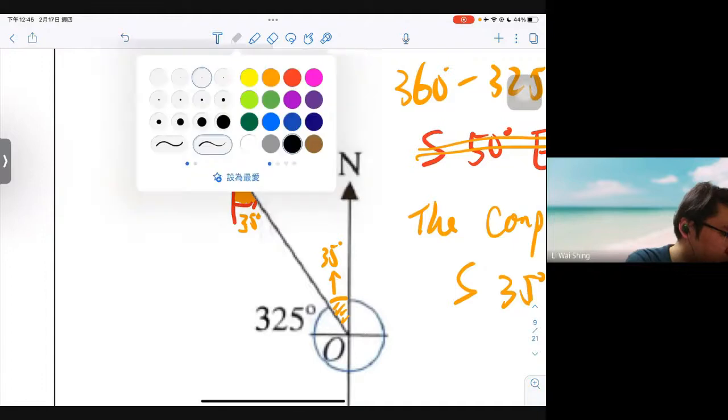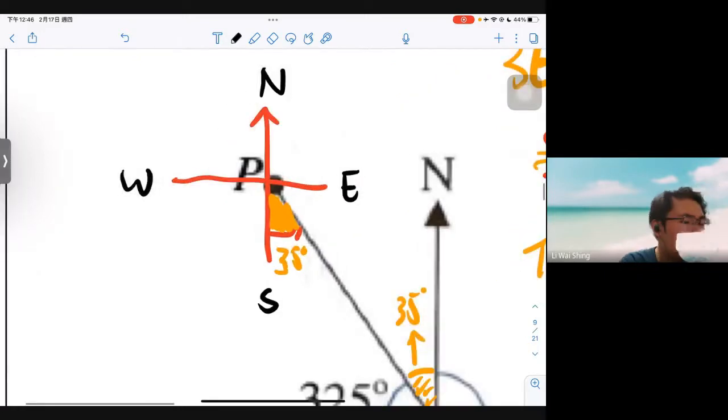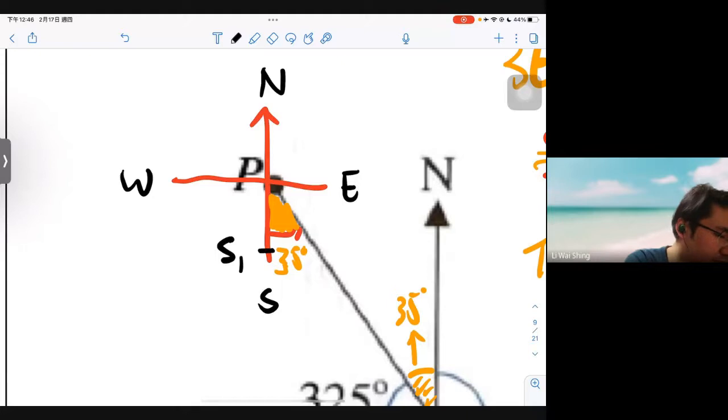Okay. So this is Mr. Lee's method. Okay, you can follow or you can label it by yourself. So every point has north, east, south, west. So Mr. Liu will define this as SP, the south position of point P. And here it is EP, it is NP, and it is WP.